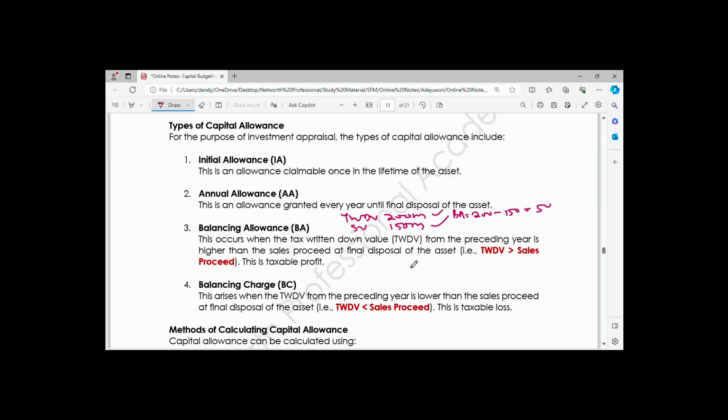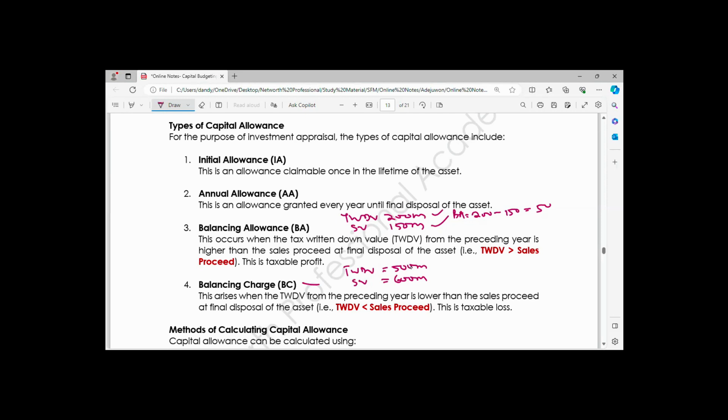So, for the purpose of demonstration, let's say you have a tax written down value of 500 million naira, and this asset is being disposed. The asset is being disposed at 600 million.